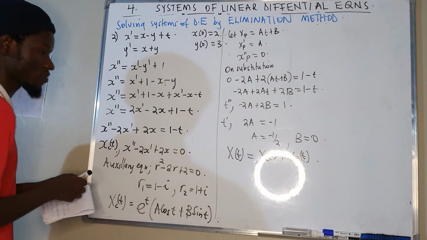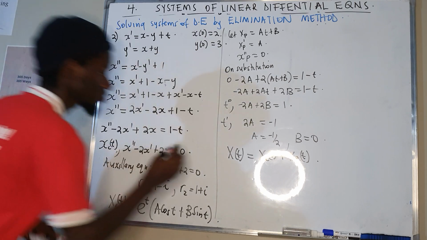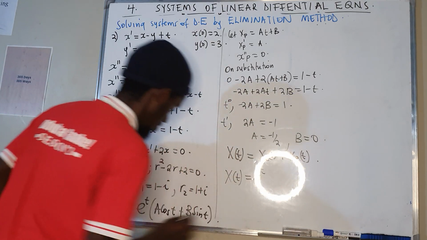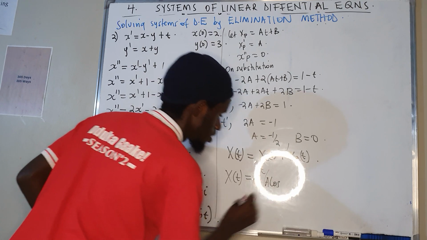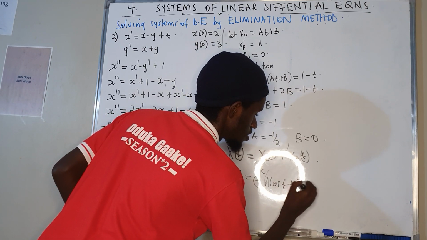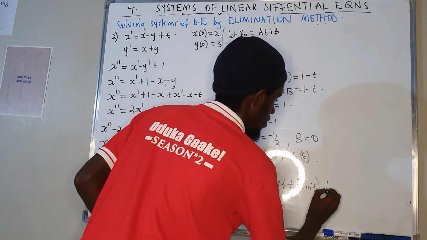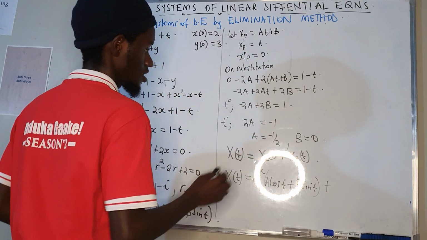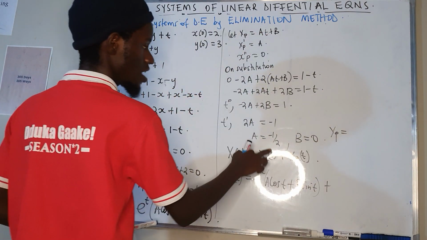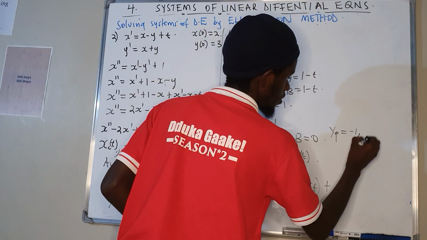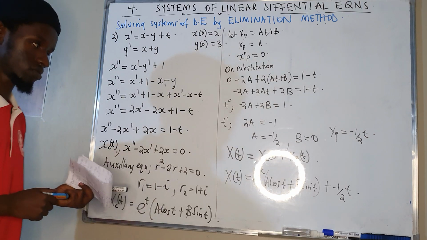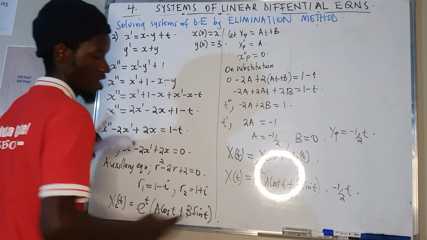If I combine these two, my x at t is e to the power t times a cos t plus b sin t, plus my x_p, which is at plus b, but a is negative a half, so minus a half t. This is going to be my solution x at t.